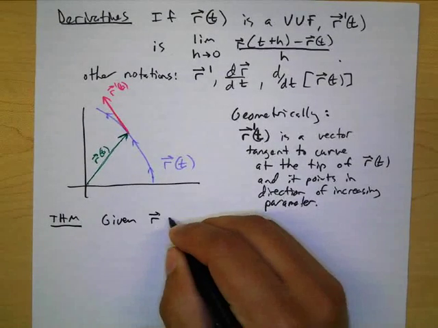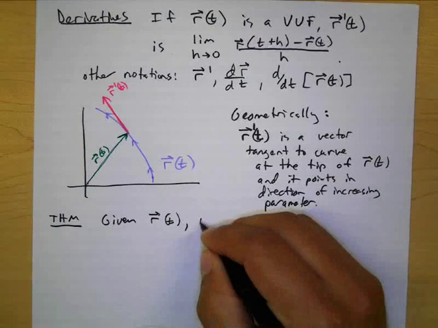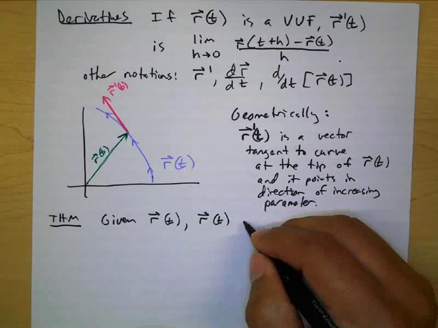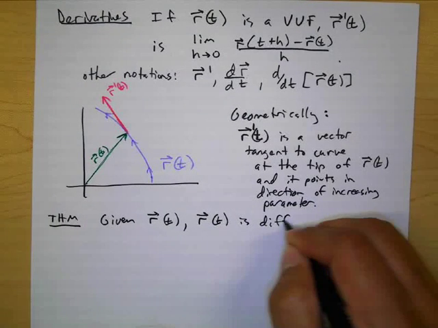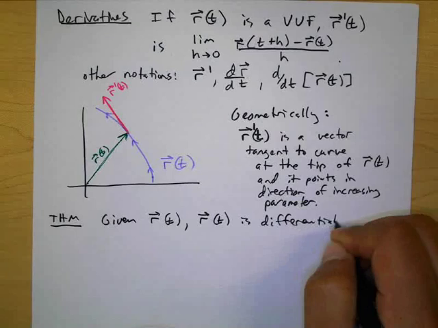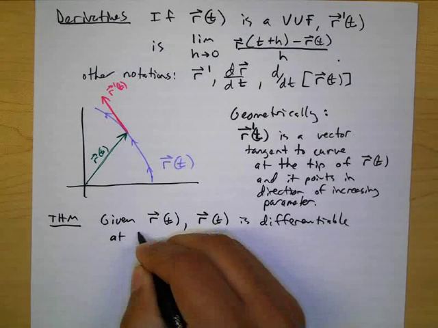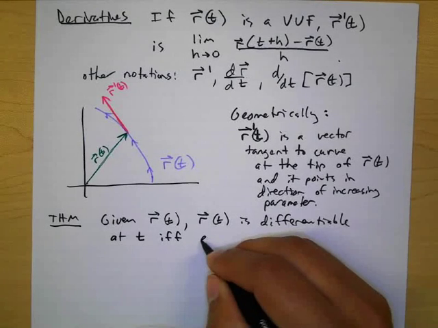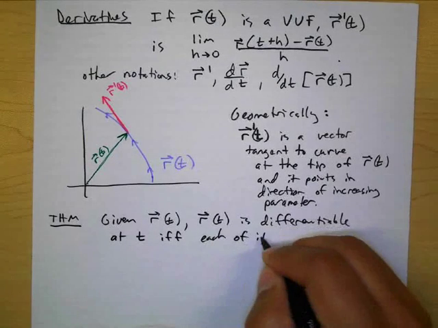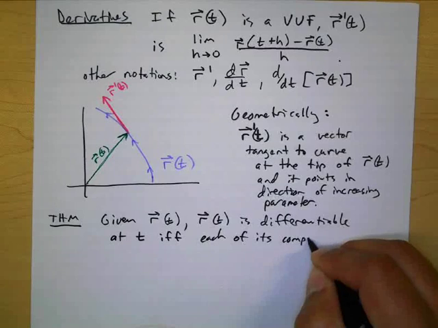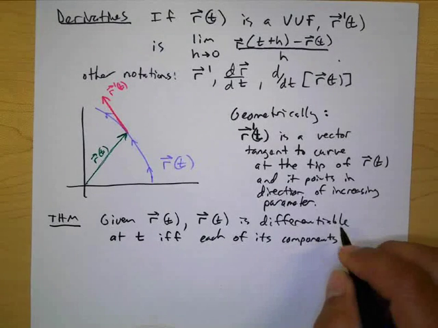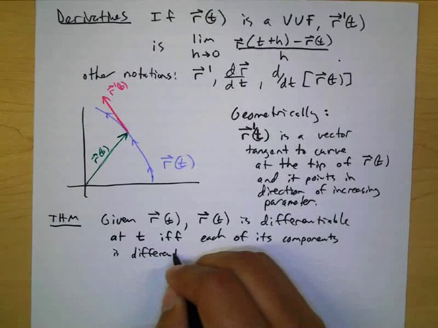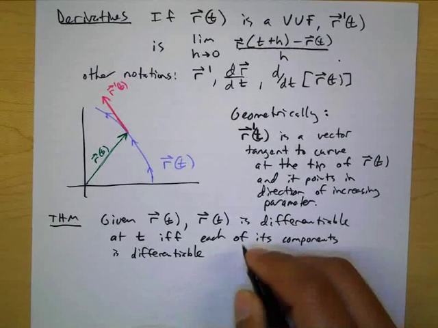Given r of t, r of t is differentiable at t if and only if each of its components is differentiable at t.